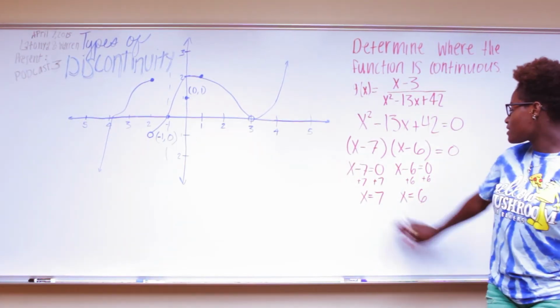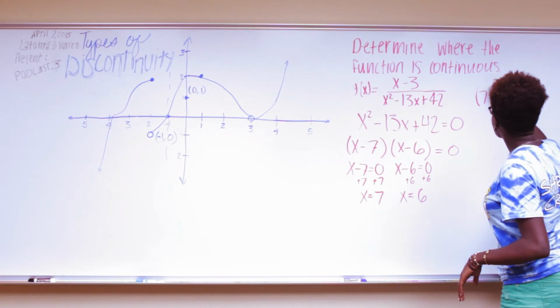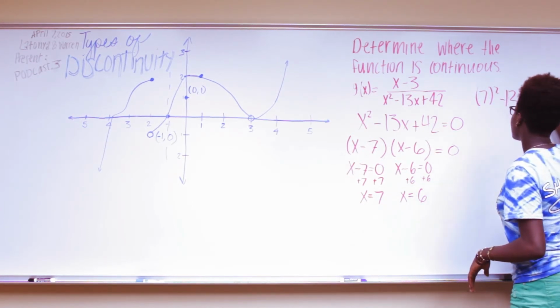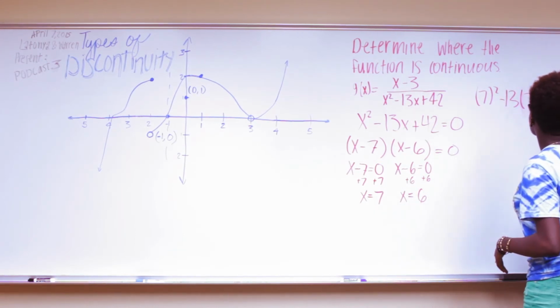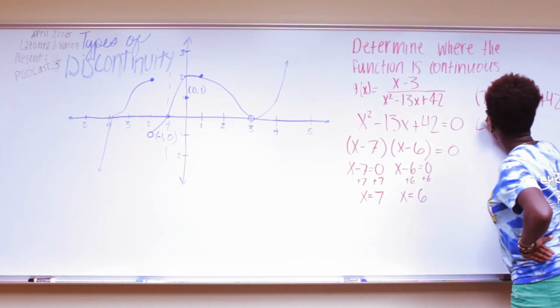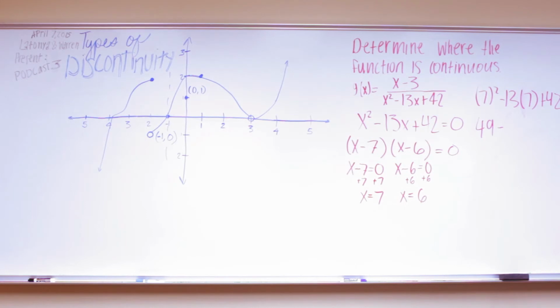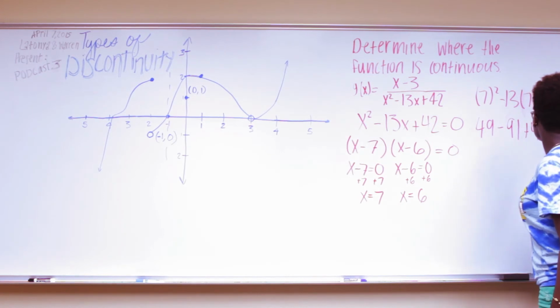And so when we test one of these points, for example, 7 squared minus 13 times 7 plus 42. 49 minus 91 plus 42.